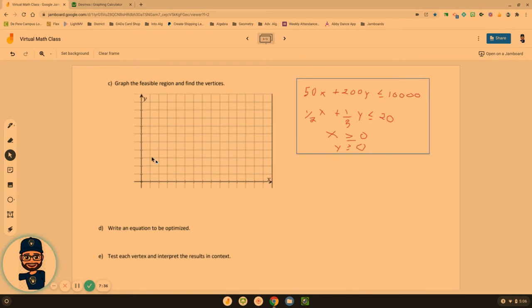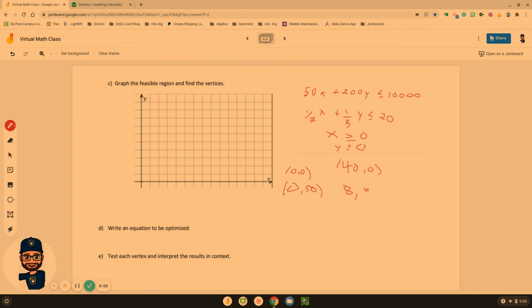So our vertices, if we take that information, are going to be 0, 0. We also had 0, 50. We also had 40, 0. And then we had the point 8, 48. So those are those vertices.